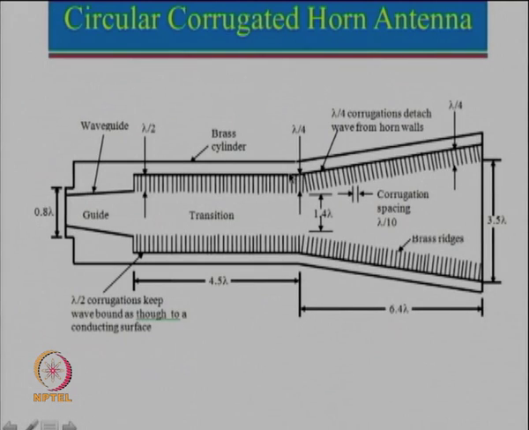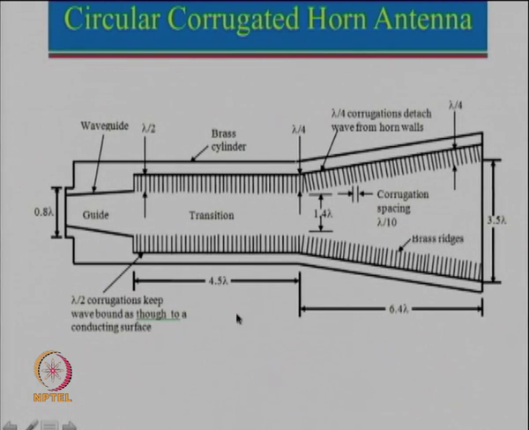Anything which is short circuit here, and if this dimension is lambda by 4, a short will act as an open circuit. So that means something which was seeing a short over here now sees an open circuit, and if it is open circuit over here, you can say that in case of open circuit, current will be equal to 0. Now you recall E-plane and H-plane, even though this is a conical horn. But just recall E-plane and H-plane, what was the situation?